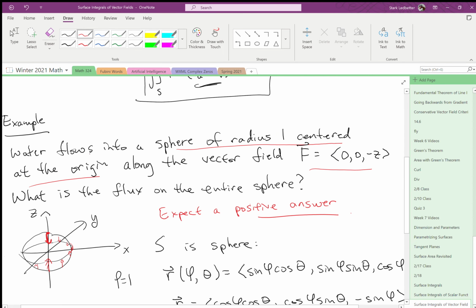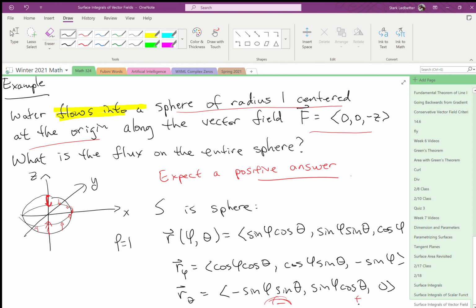What orientation do we want? The key words here are flows into. So we want the normal vector that we talked about before. Remember, we're somewhere on the sphere. The normal vector could point out, or it could point in, and we have to make a choice. This flows into tells us that we want the normal vector to point in.